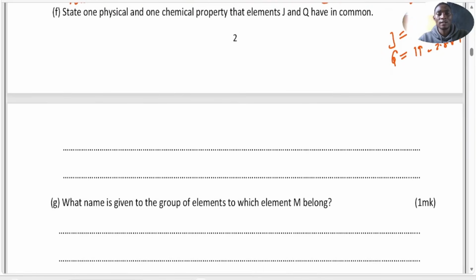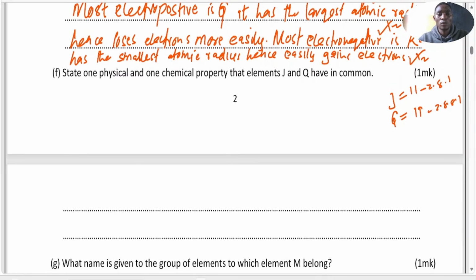So we are looking at one physical and one chemical property that J and Q have in common. I'm going to begin with the physical properties.